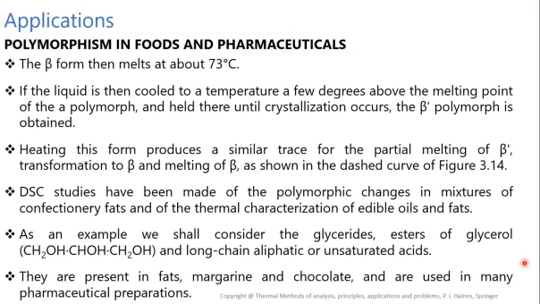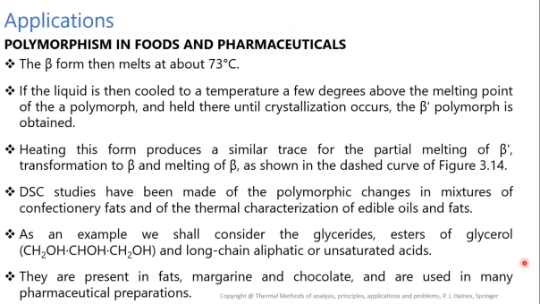Heating this form produces a similar trace for the partial melting of beta dash, and then transformation into the beta and melting of beta, as shown by the dotted curve in the next figure. DSC studies have been made of polymorphic changes in mixtures of confectionery fats and the thermal characterization of edible oils and fats.